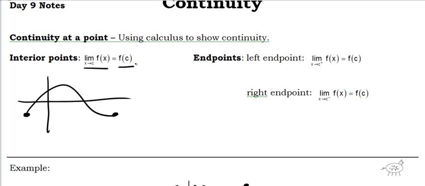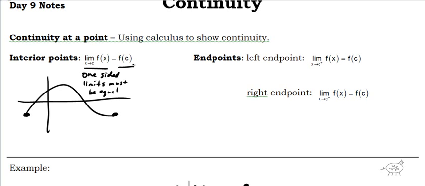Remember, this is a two-sided limit, which means you approach from either side, and the one-sided limits must be equal. Coming from the left side and from the right side, they have to go to the same location. That has to be true for a two-sided limit to exist.